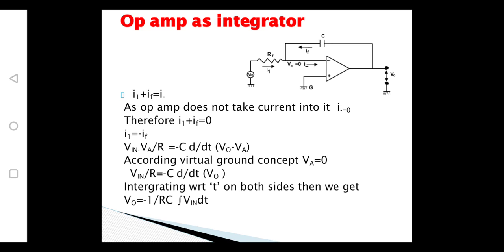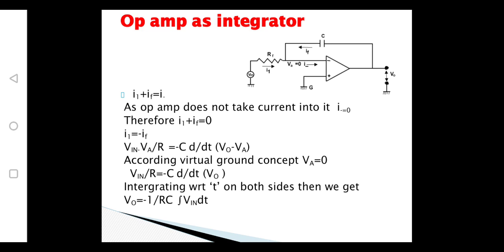And the next application of an op-amp is an integrator. A circuit which will perform the operation of integration is called an integrator. Here we need to prove the output voltage is equivalent to the integral of the input voltage.